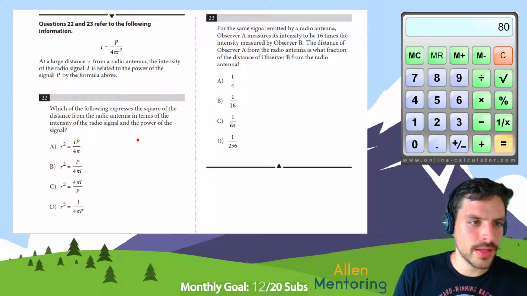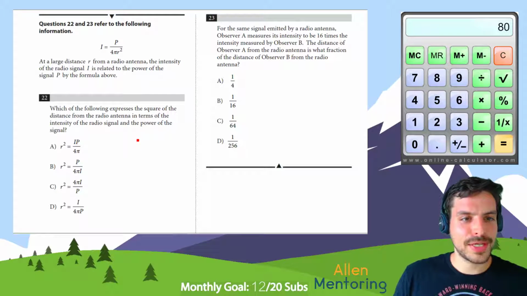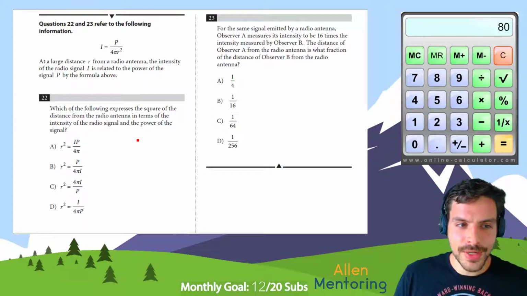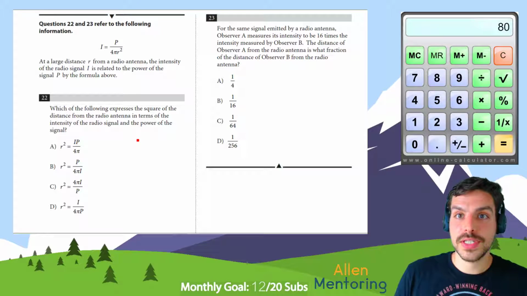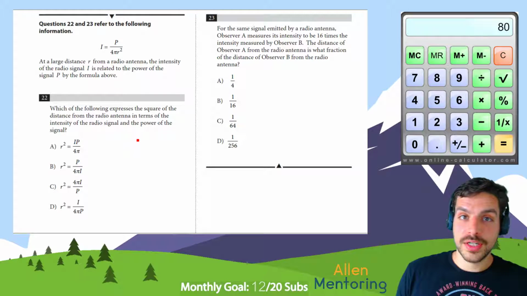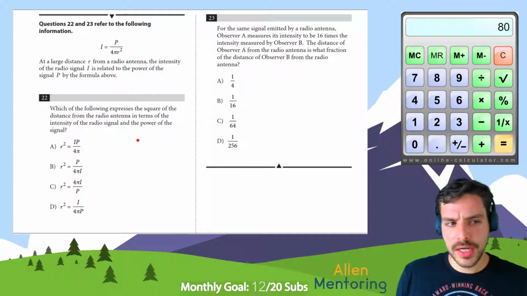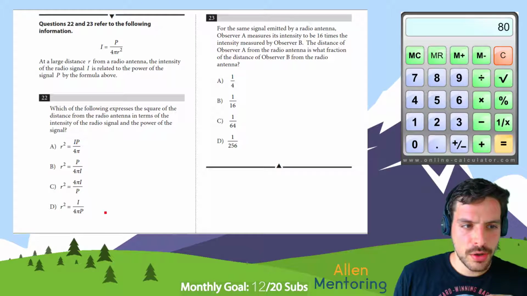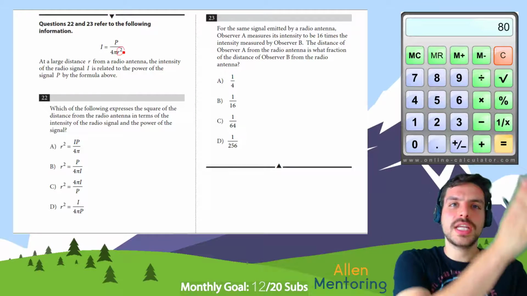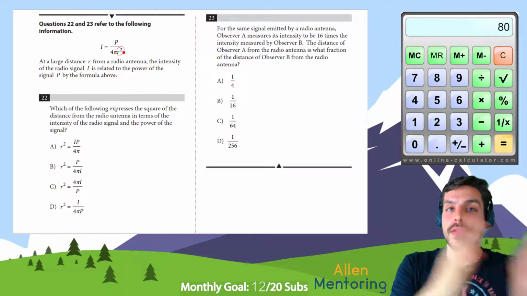Which of the following expresses the square of the distance from the radio antenna in terms of the intensity of the radio signal and the power of the signal? Those are a lot of words that are kind of tricky, but if you see the answer choices, all they really want you to do is isolate r squared. So put r squared on one side and put everything else on the other side.